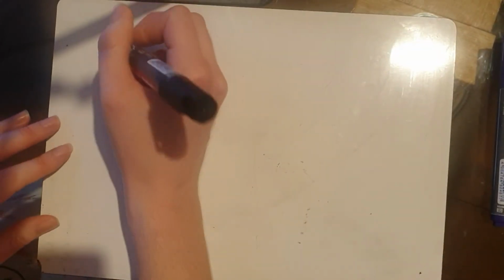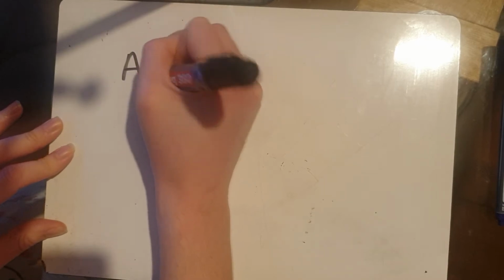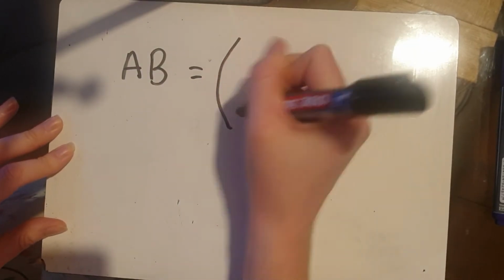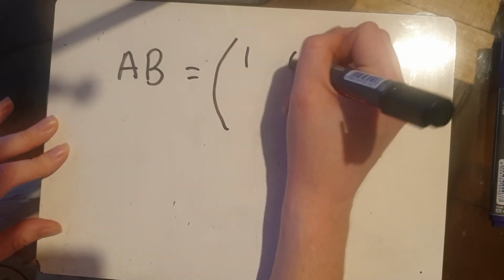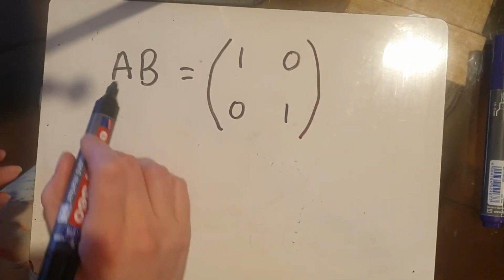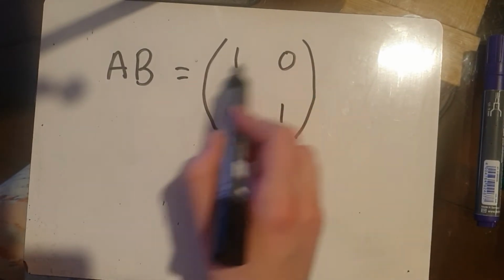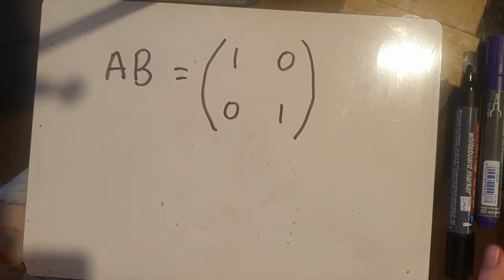So if we're talking about inverse matrices then, if we have a matrix A and a matrix B, if when we multiply them together we get the identity or an identity matrix, then these are the inverse of each other because they've taken each other back to the identity matrix.